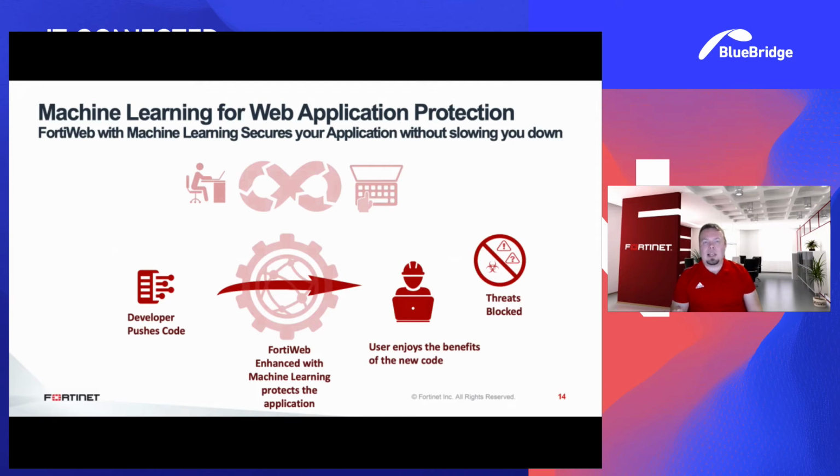This leads to a situation where we know what anomalous traffic is, what anomalies we might experience, and according to those anomalies, we can do deeper inspection.